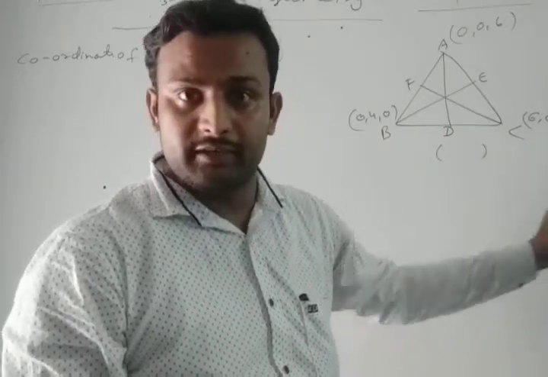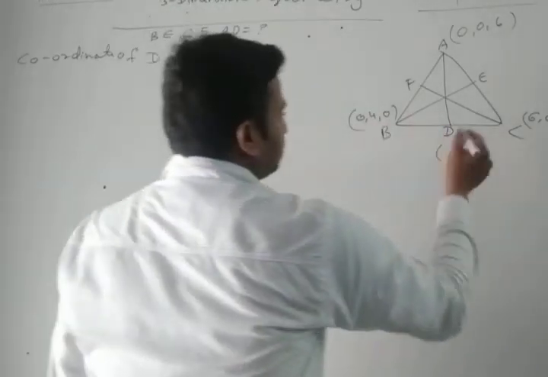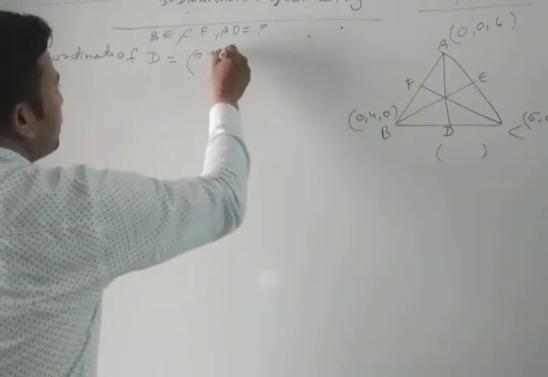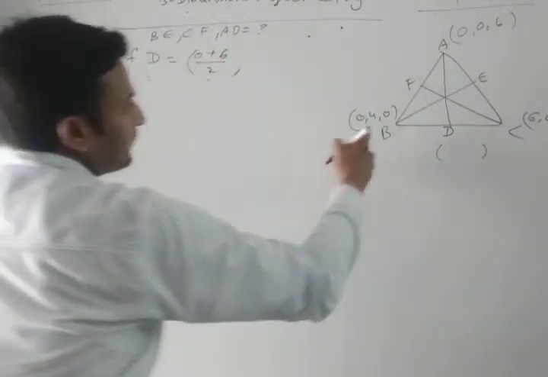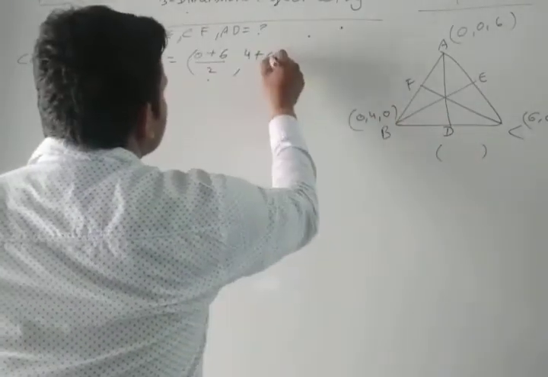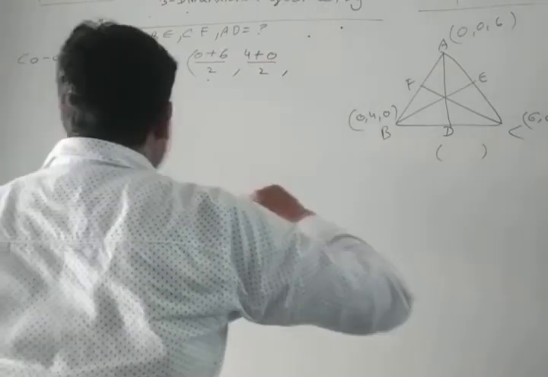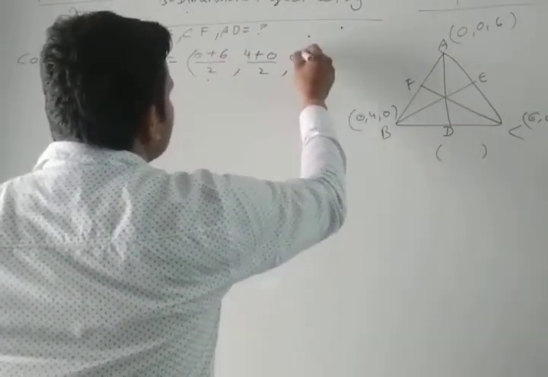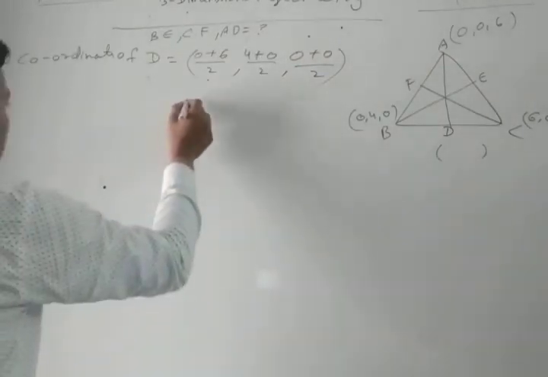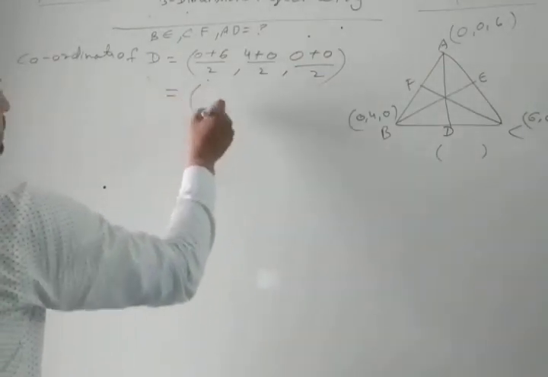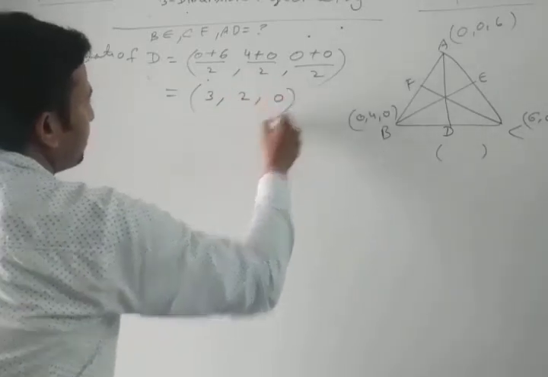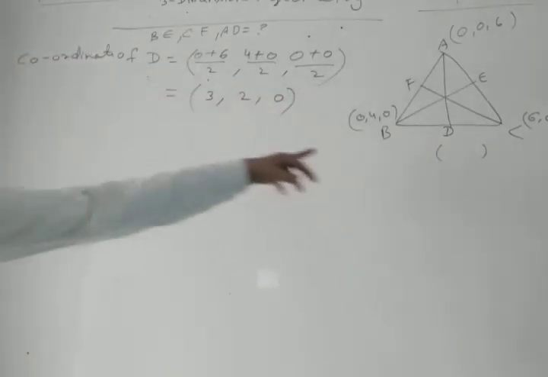So we can write (0 plus 6) by 2, (4 plus 0) by 2, (0 plus 0) by 2. This is equal to (3, 2, 0). This is the coordinate of D.